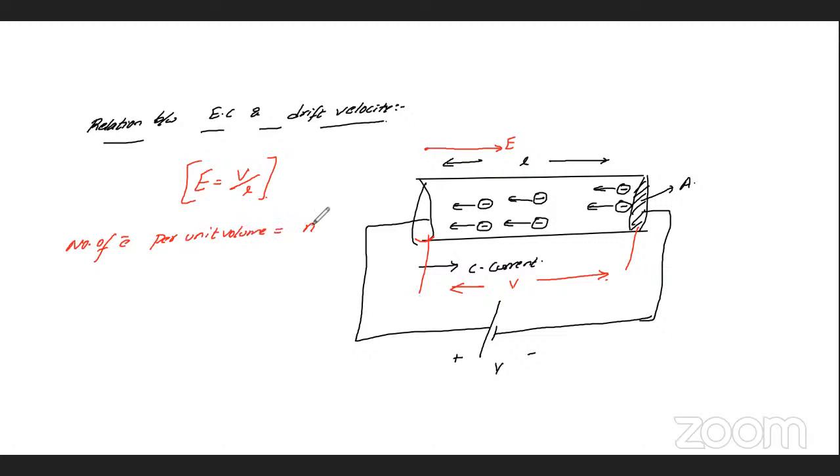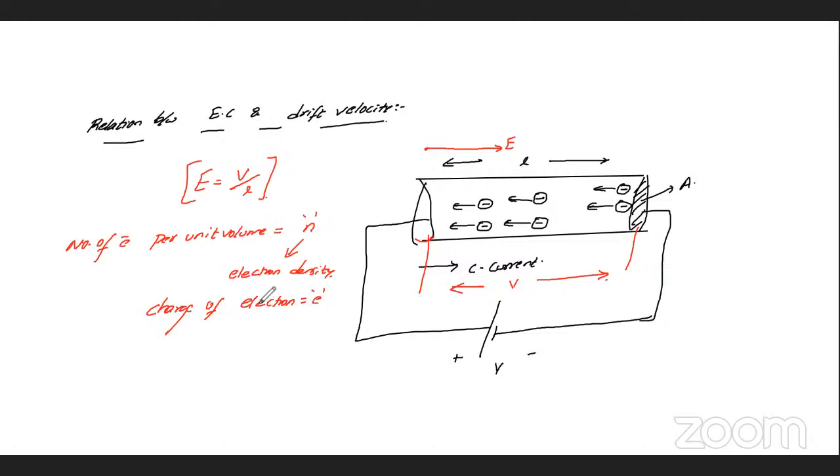I'll take this small n as the number of electrons per unit volume. The number of electrons traveling depends upon the volume, so small n is nothing but your electron density. And we know the charge of the electron is e.